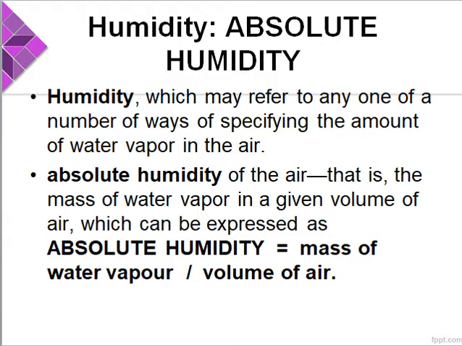That means with mass and volume, and it is normally expressed as grams of water vapor in a cubic meter of air. For example, if the water vapor in 1 cubic meter of air weighs 25 grams, the absolute humidity of the air is 25 grams per cubic meter, or 25 g/m³.